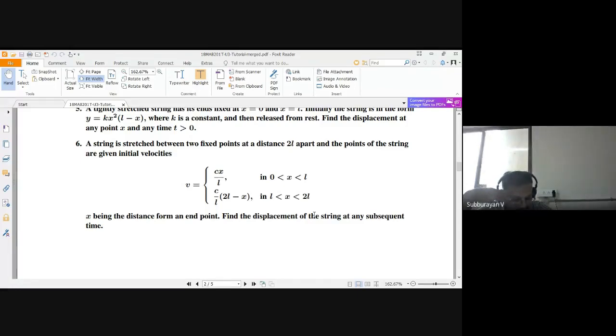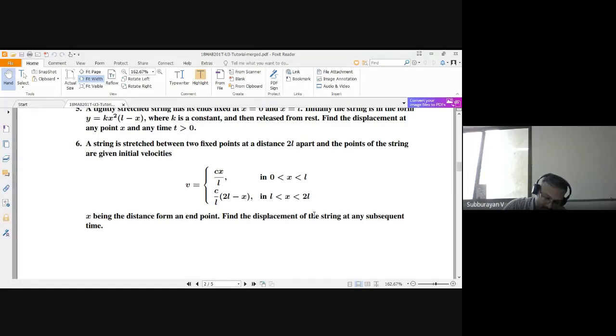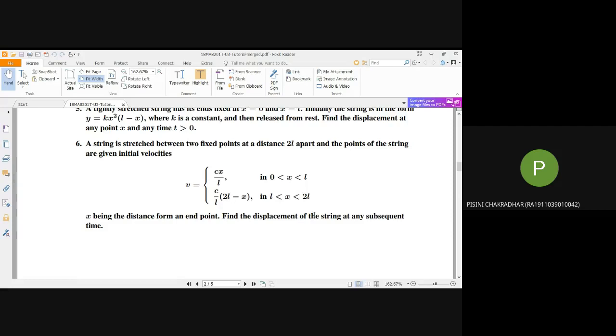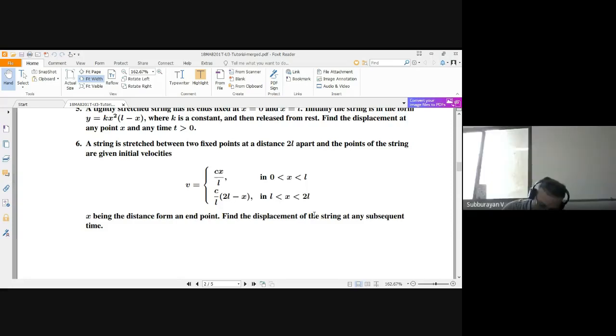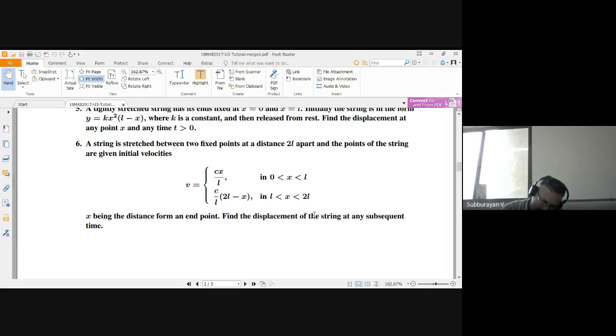So what are the boundary conditions? y of 0 comma t equal to 0. That's the first condition. Second condition, y of 2L comma t equal to 0. Then the third condition: initially the string is in equilibrium position.